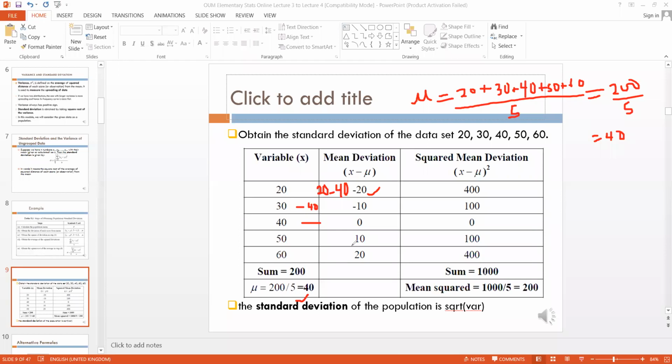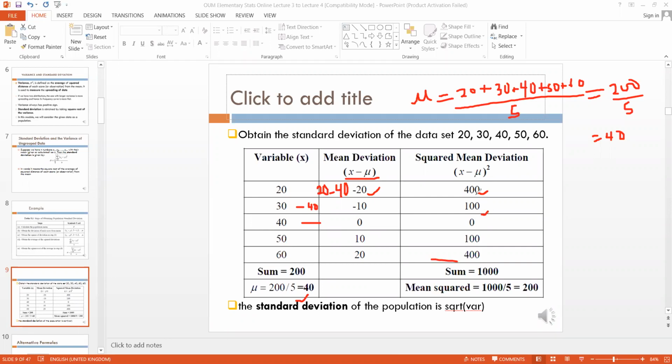Then next, you find the square of the deviation. So negative 20 squared will give us 400. Negative 10 squared is 100. 0 squared is 0. 10 squared is 100. And 20 squared is 400.